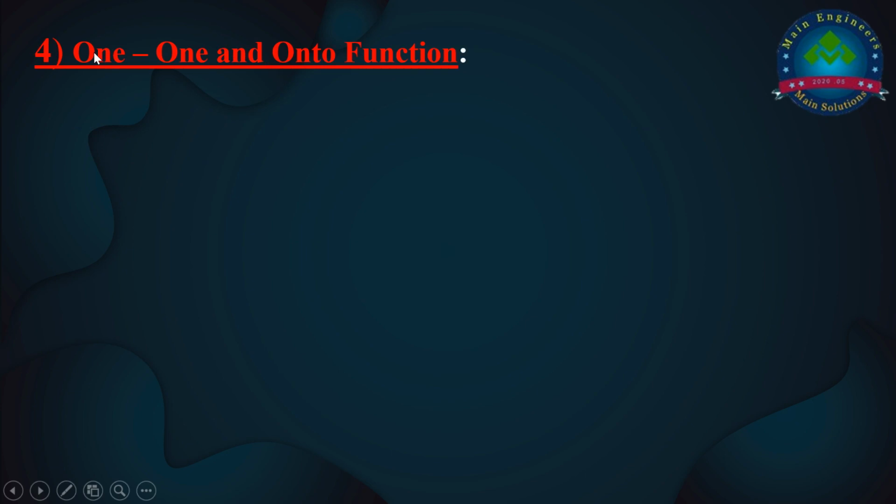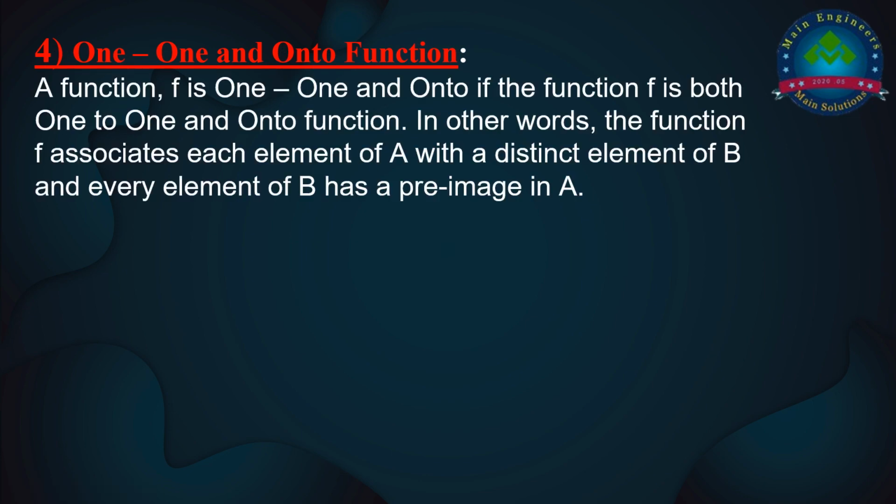Let's come to the last one. As we see from the name itself, it's called one-to-one and onto function. In which case is the function one-to-one and onto? If it satisfies both conditions of one-to-one and onto function, then that function is called one-to-one and onto function. So let's define it. A function f is one-to-one and onto if the function f is both one-to-one and onto function.